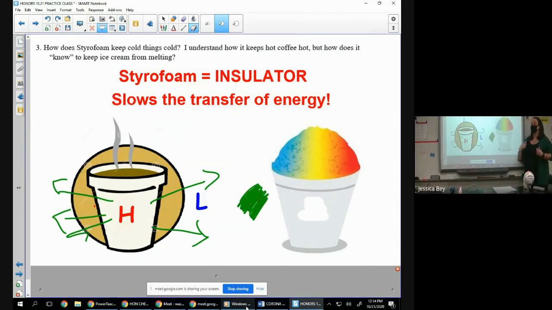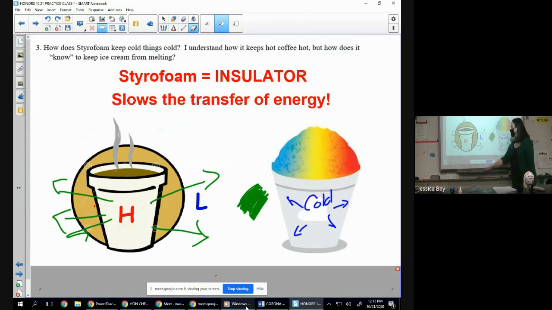What students will say, and it seems to make sense in your head, is: okay, so styrofoam keeps things in, right? So this ice cream must be really cold on the inside, and the cold is trying to get out, and the styrofoam won't let the cold out. That's not exactly how it works, because everything in nature goes from high to low.